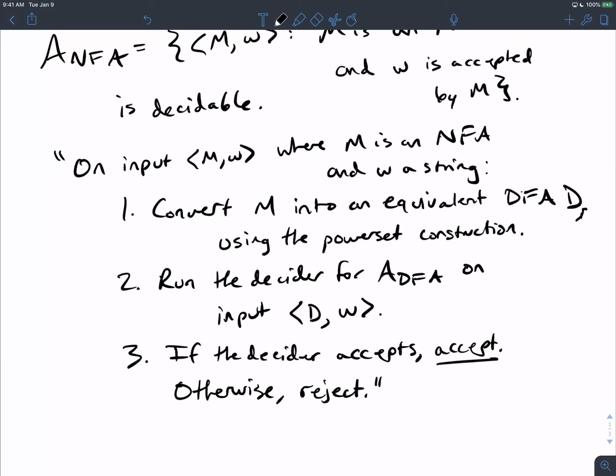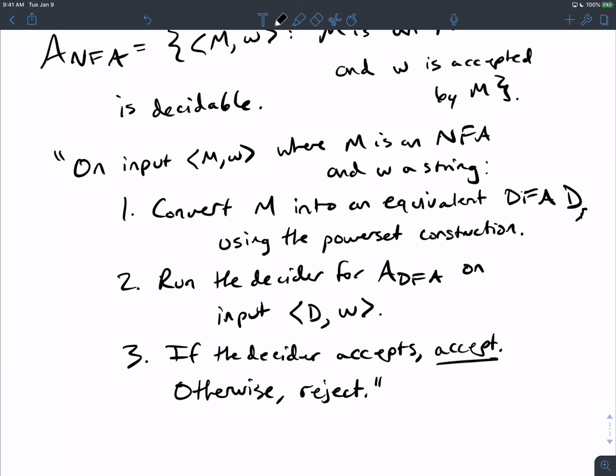Well, does step 1 always halt? Yeah, because the conversion between an NFA and a DFA always halts. It's an algorithm. It always halts. And so step 1 takes a finite amount of time. It may take a long amount of time, but it takes a finite amount of time.